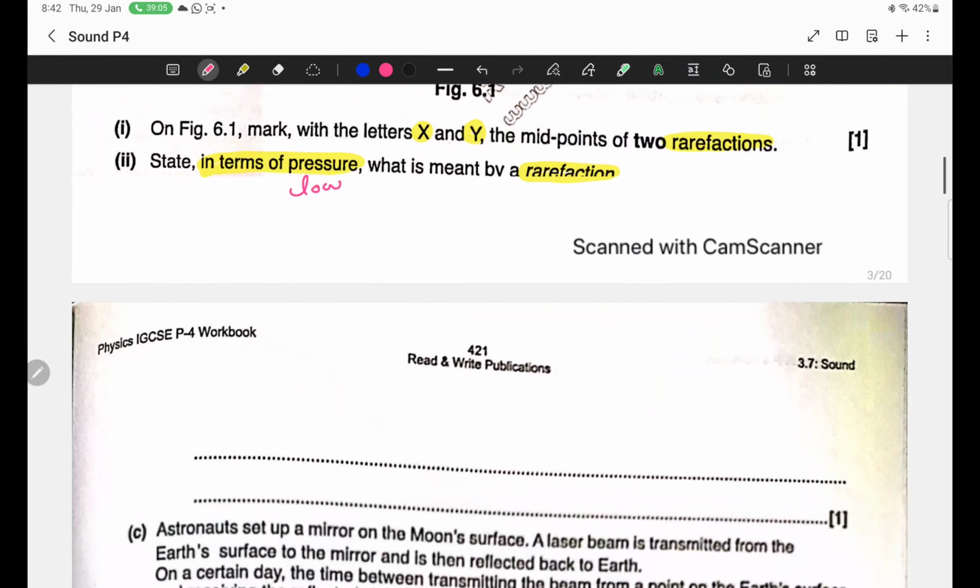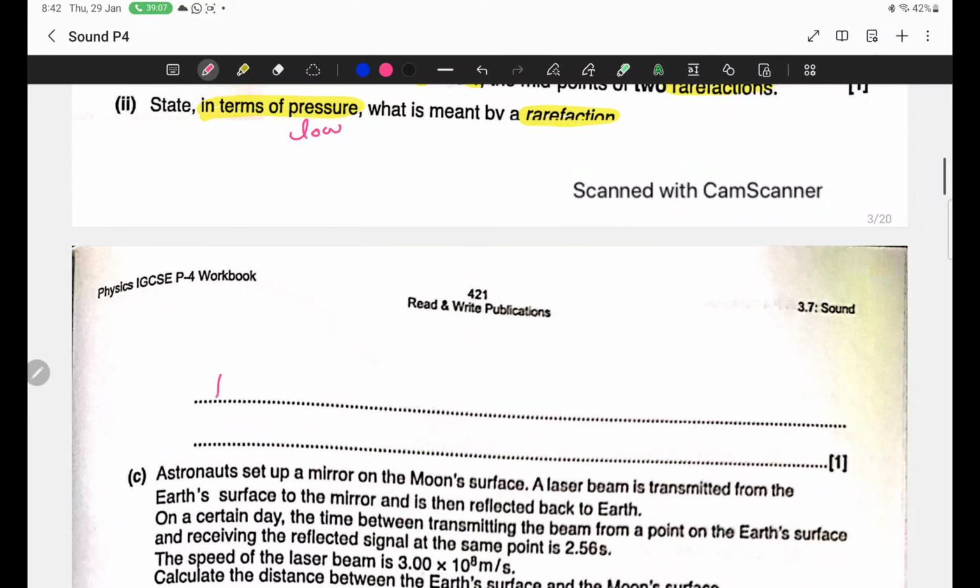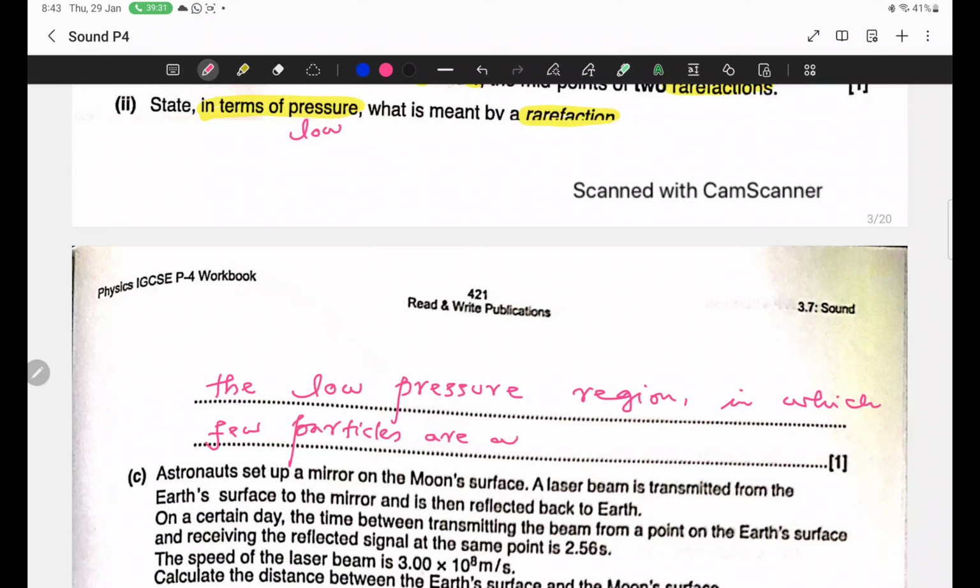So I am writing: the low pressure region in which there are few particles and are at large distance is called rarefaction.